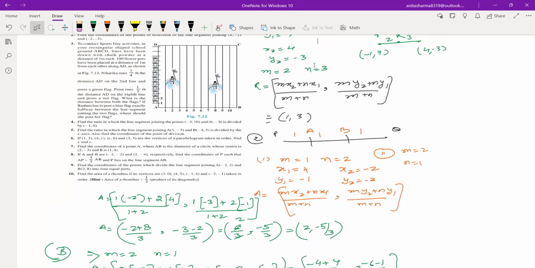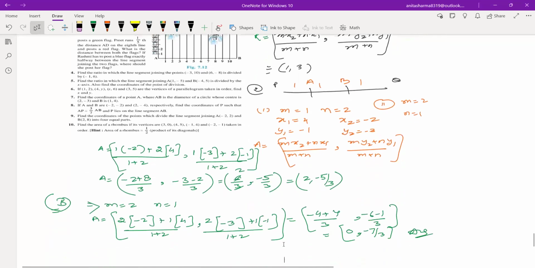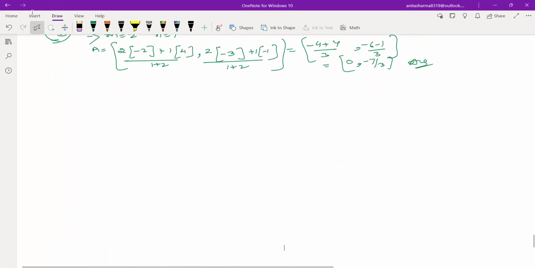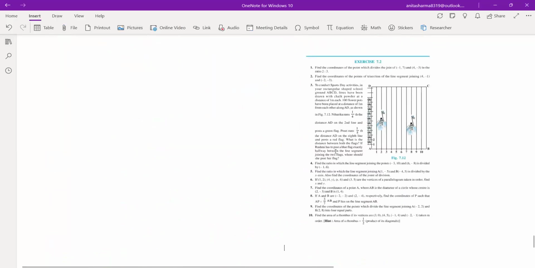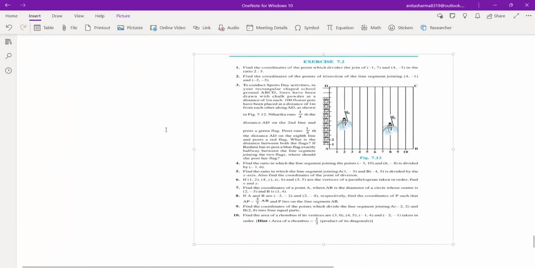In case-based study question, this question will ask, to conduct sports day activities in your rectangular shaped school ground ABCD, lines have been drawn with chalk powder at a distance of 1 meter each. 100 flower pots have been placed at a distance of 1 meter from each other along AD as shown in the figure.